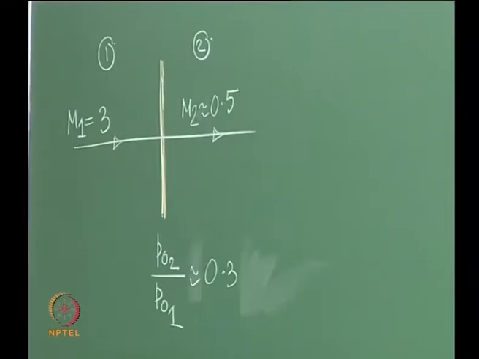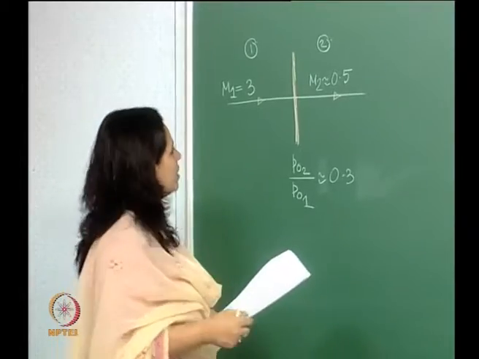This is what we got just passing the flow through a normal shock. Now the next thing we did was we passed it through a combination of oblique and normal shocks.